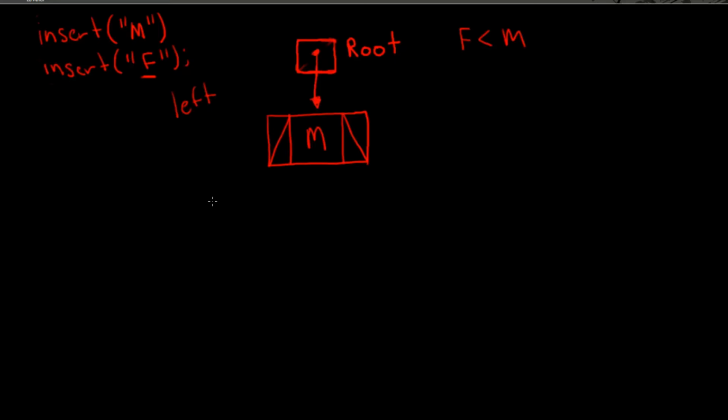So let's erase this. So then our new node will go right here. So that's F. And these are null. Now his left is no longer null, and he has a new value. Insert it there.